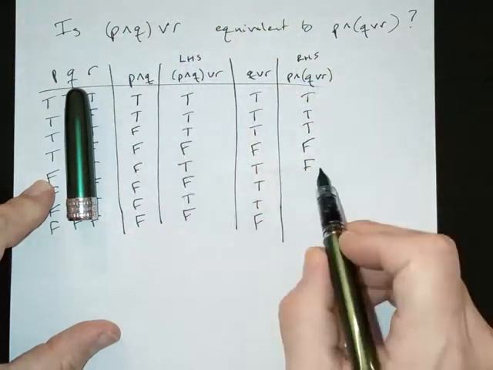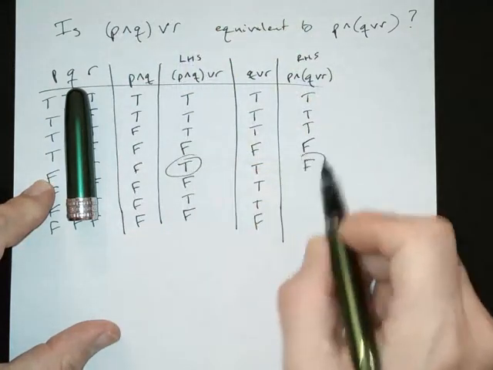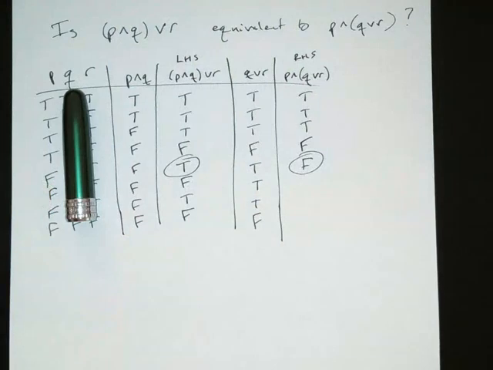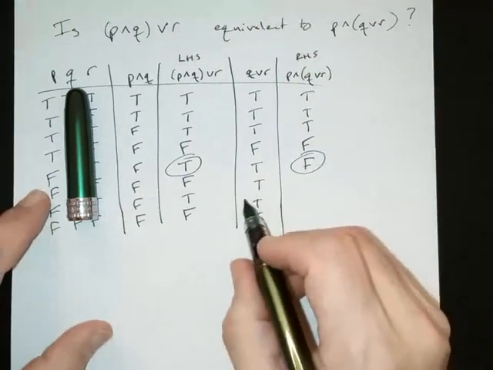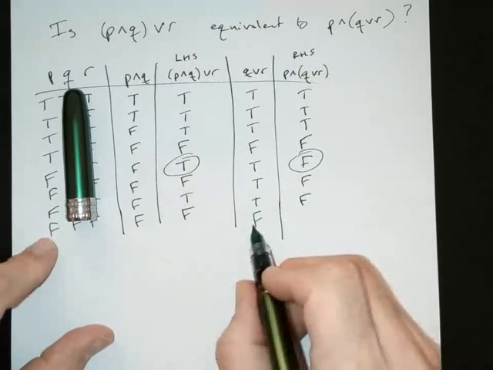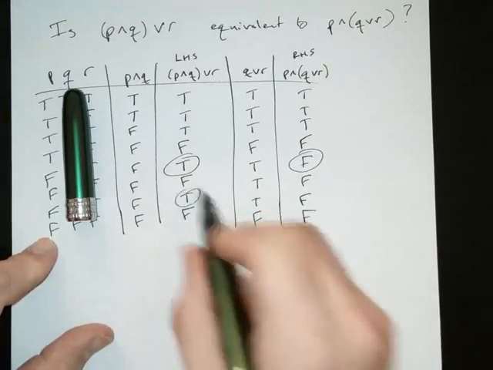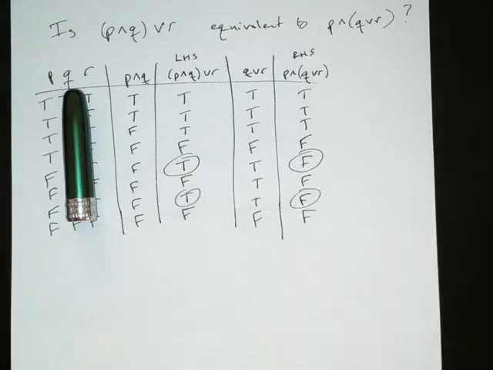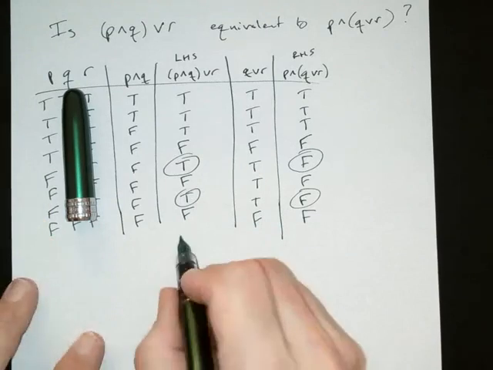Yes, yes, yes, no, yes. My left-hand side and my right-hand side are different. Even if I finish out the column, P here is a false, here is a false, here is a false. There are two different places where these don't match.